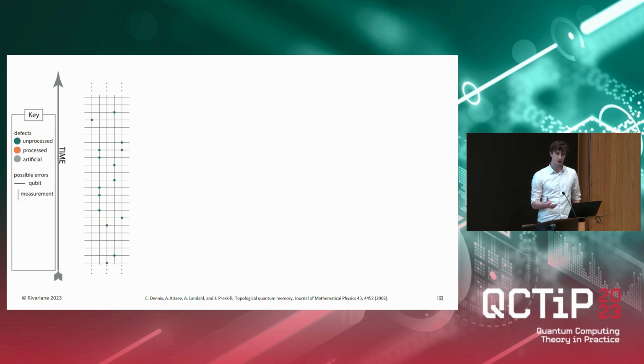So we can decode this by considering this whole big block as one decoding problem. But if we have a very large number of rounds, this becomes unfeasible, and we need to somehow break it apart. The way we do this conventionally is to take a window of the data, so a subset of the data, and decode that first.